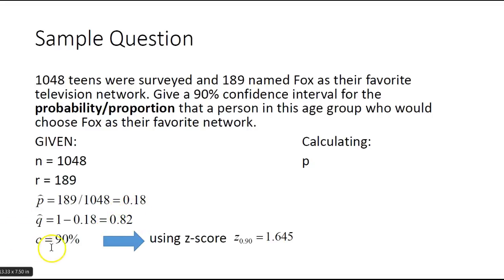We're given c, a confidence level of 90%, which means the critical value z of 0.9 from our table is 1.645. And what we're actually calculating is p, which would be the proportion, or the probability for all teens. That's going to be an estimate.